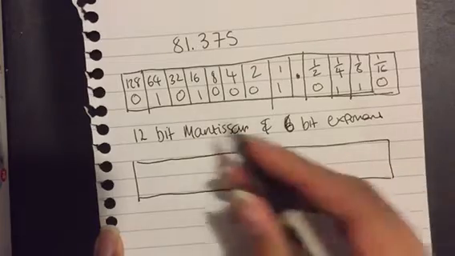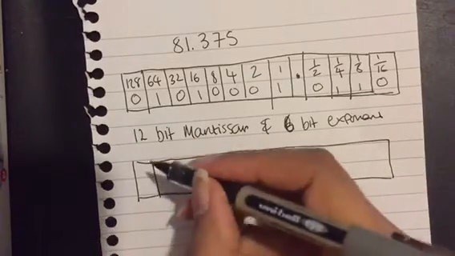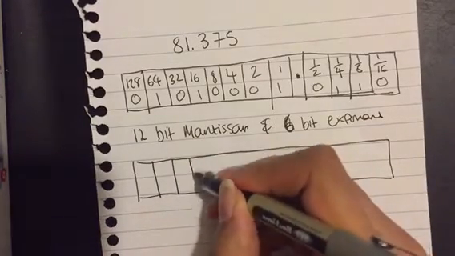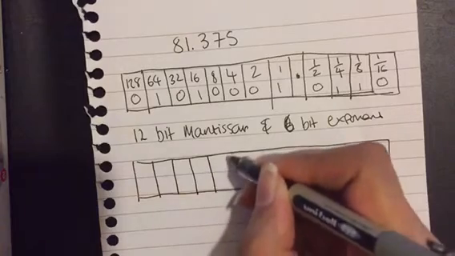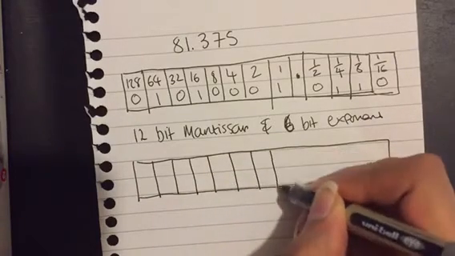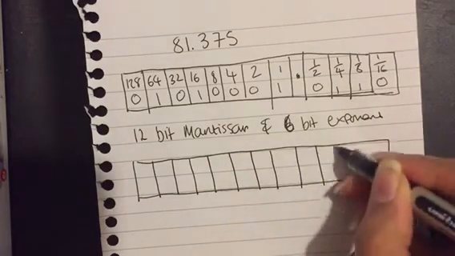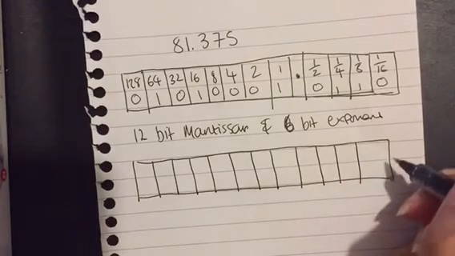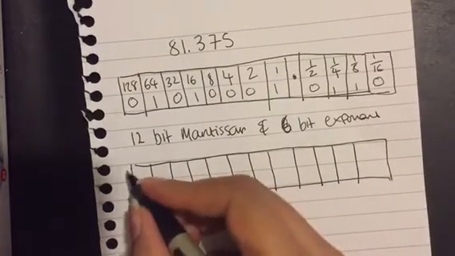So the mantissa bit again is just literally transferring this number over. So we've got 1, 2, 3, 4, 5, 6, 7, 8, 9, 10, 11, 12, I hope.